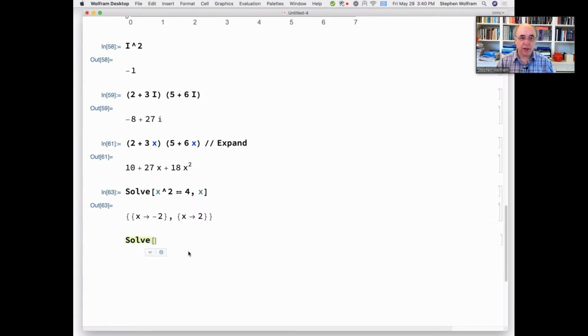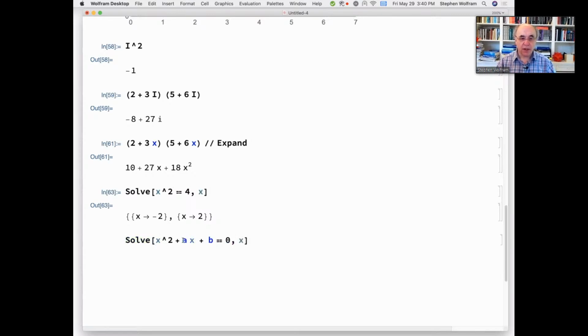Now let's look at another kind of equation: x squared plus a times x plus b equals 0. Solve that for x.